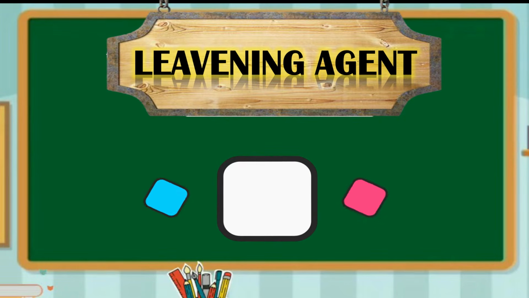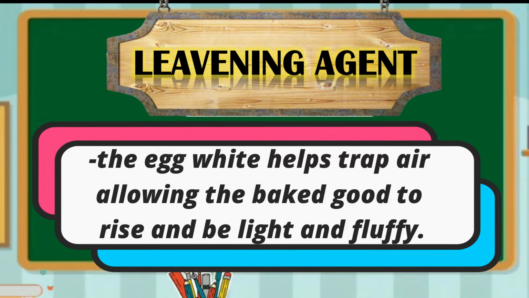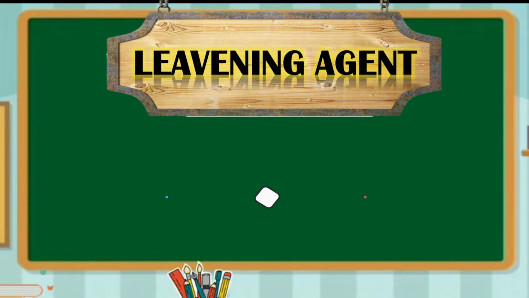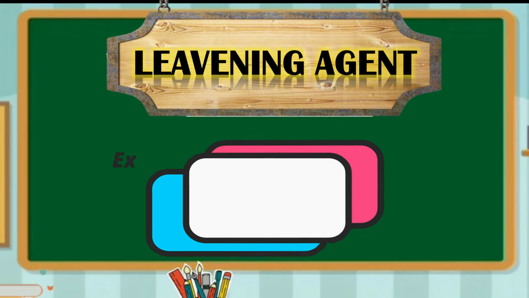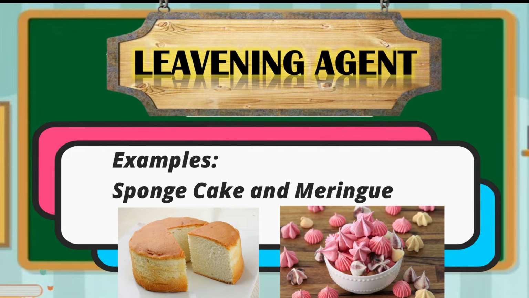We can also use egg as leavening agent. The egg white helps trap air, allowing the baked good to rise and be light and fluffy. It is used in certain recipes such as sponge cake and meringue.